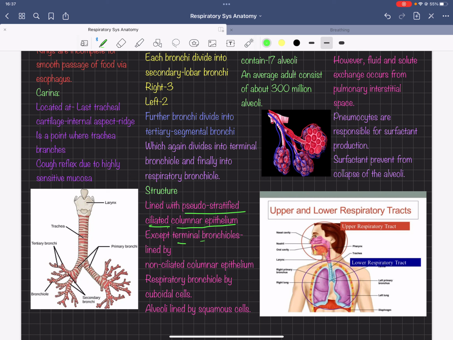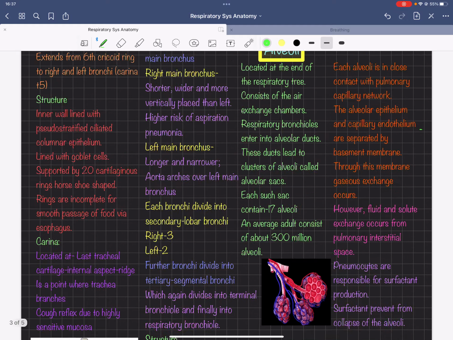Whereas the terminal bronchioles, which are present at the end of the bronchial tree, are non-ciliated. And the respiratory bronchioles have cuboidal cells in them, meaning that these cells act as an immune response to any foreign particles, and the alveoli are lined by squamous cells, right? In this way, the secretions and their functions differ from one another.